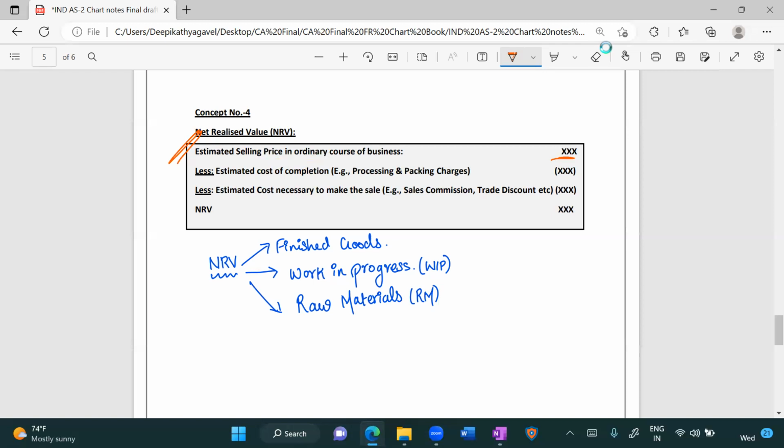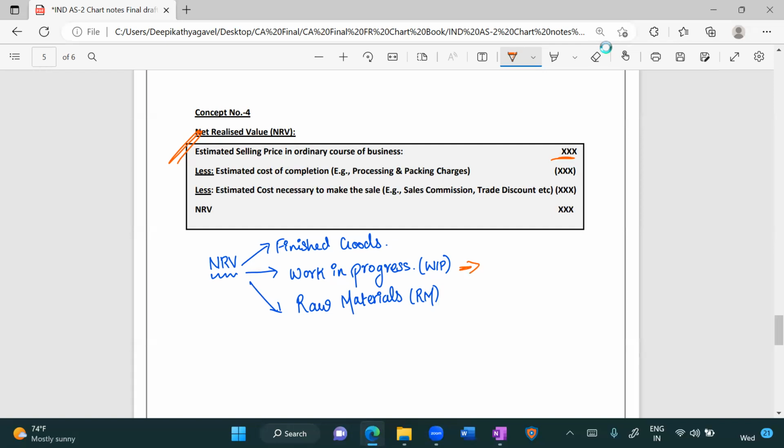In case you want to calculate the net realizable value, you will take the estimated selling price in the ordinary course of business. In case there's a cost of completion, for example, if you have work in progress, your raw material is not yet turned into finished goods. Do you think anybody will buy that work in progress? No. So how will you calculate the net realizable value for work in progress?